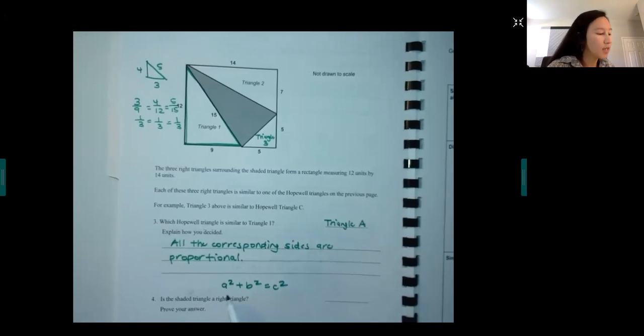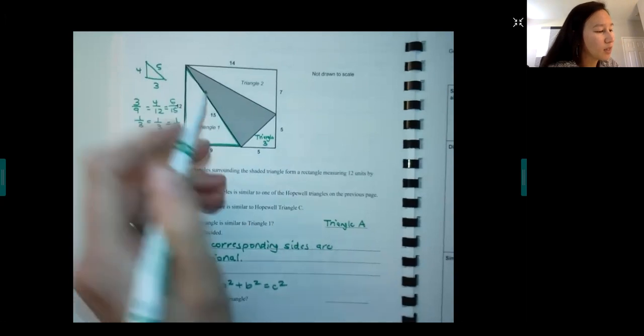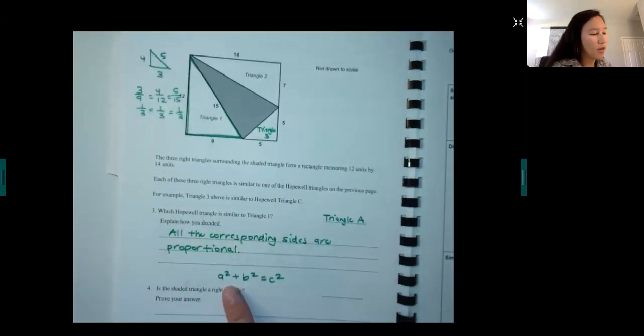So we need to see if a squared plus b squared equals c squared to determine if the shaded triangle is a right triangle. So there's some work involved here. First we need to find, so the only side we know is 15. So we need to find these other two sides and then plug in all the sides to a squared plus b squared equals c squared.